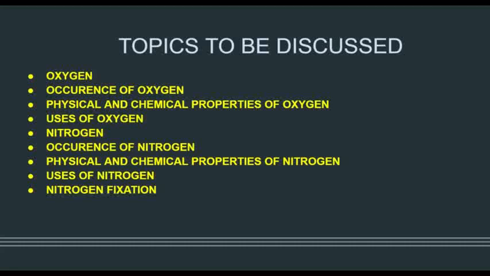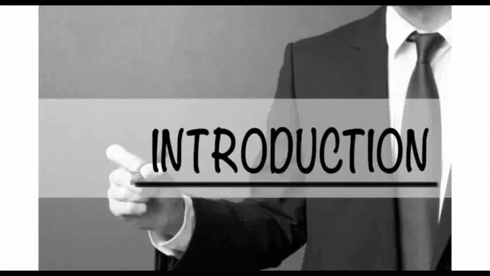Before that, I want to give some introduction about air. What is air? Yes, you know that air is a mixture of gases that surrounds our planet Earth. It is essential for the survival of all living things.